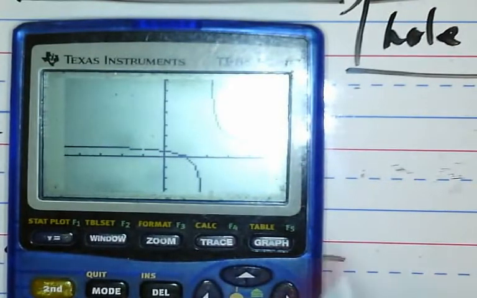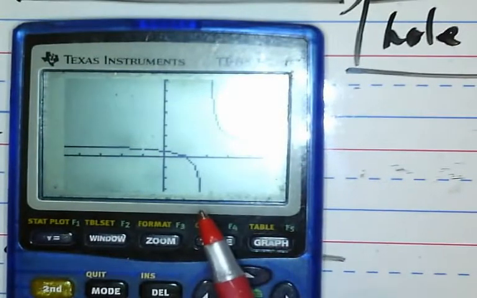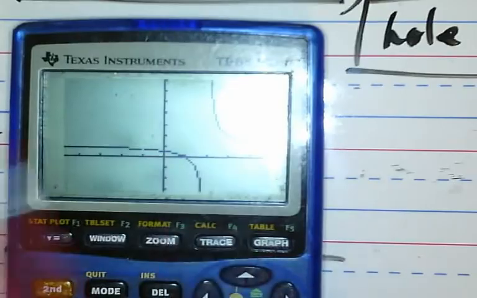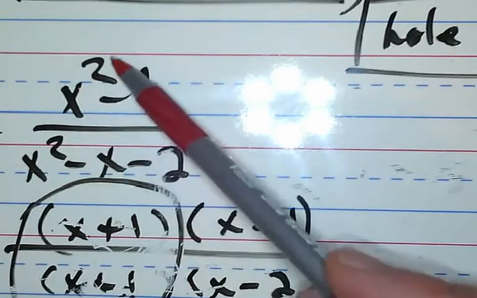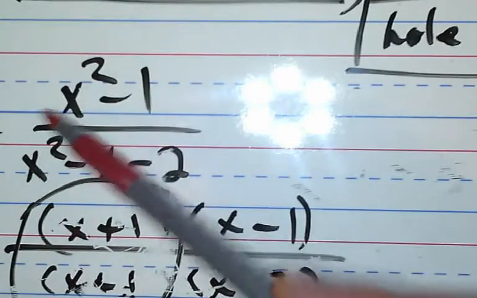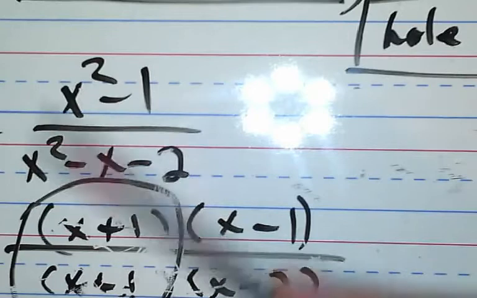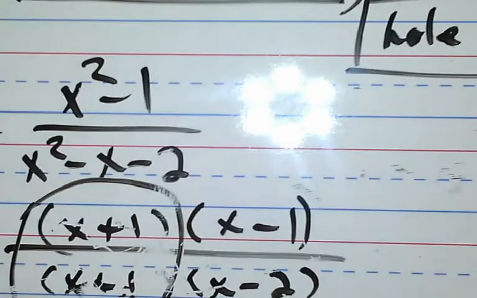So if I asked you what is the vertical asymptote, that's the vertical asymptote. It has a horizontal asymptote as well. Remember, when the exponents are the same, it's the ratio of the coefficients, which would be 1. So the vertical asymptote is this, the horizontal asymptote is this.